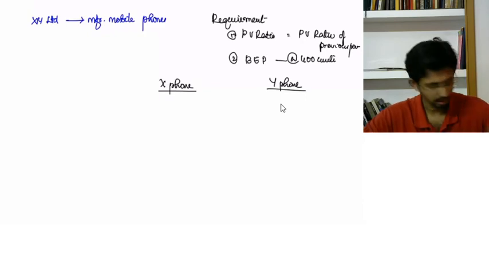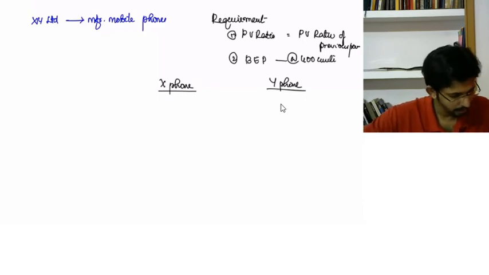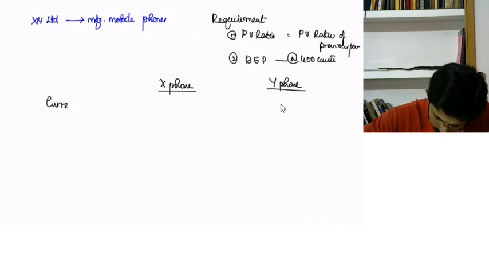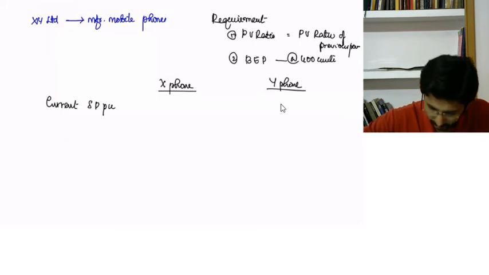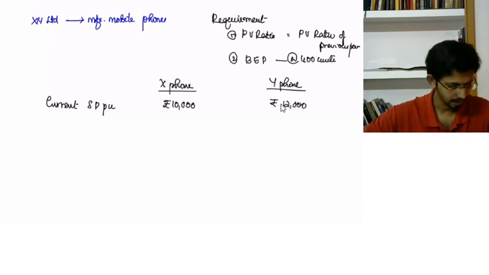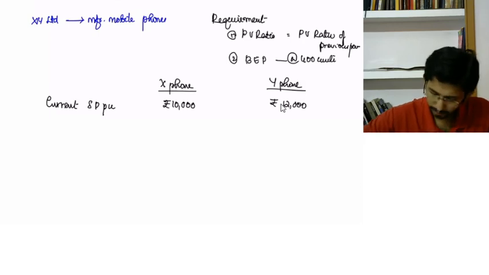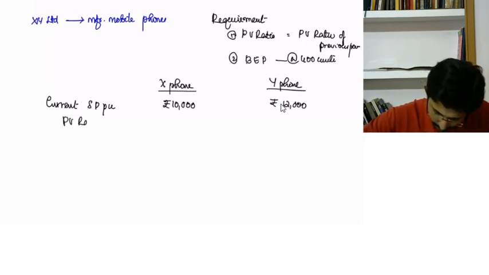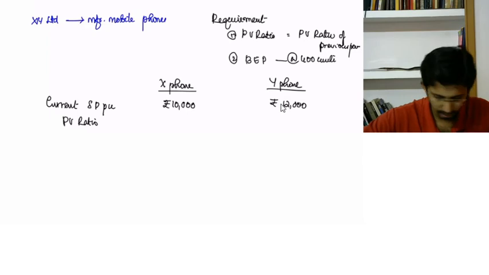X phone and Y phone. Now what is given here is the current selling price per unit, which is rupees 10,000 and rupees 12,000. You can find out, the PV ratio is available. PV ratio is 25% and 30%.